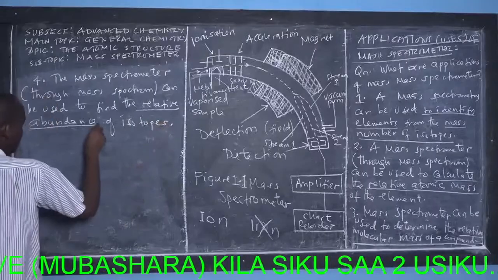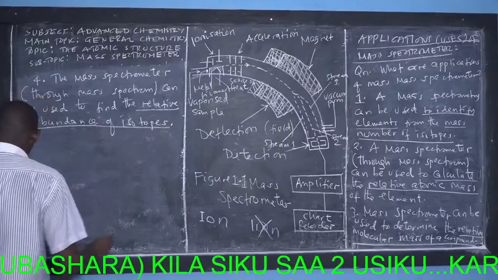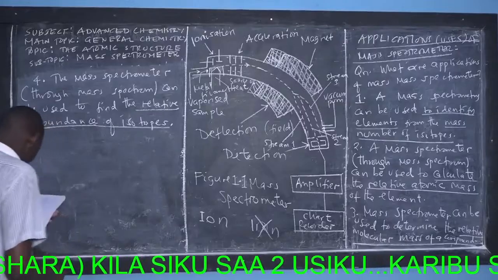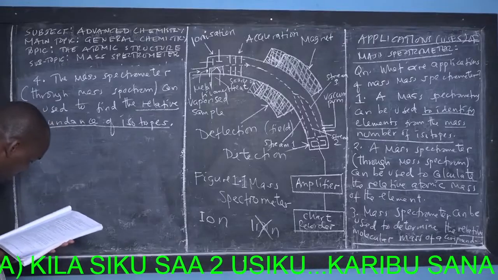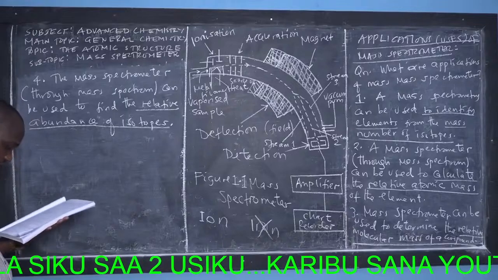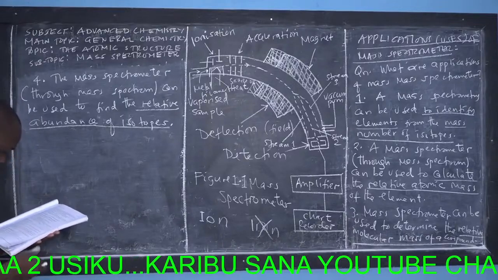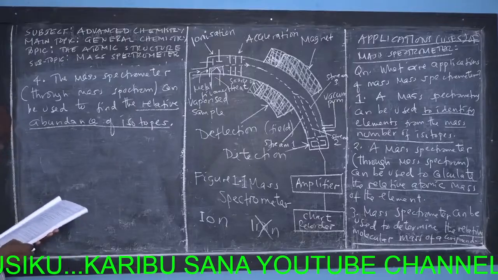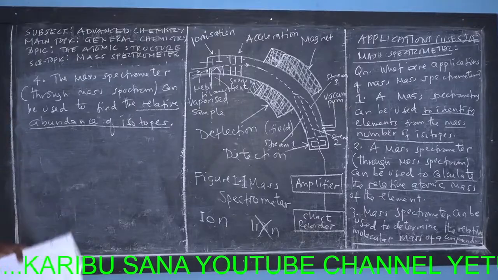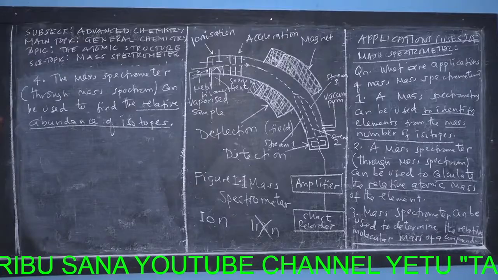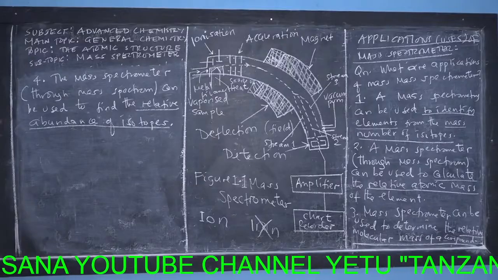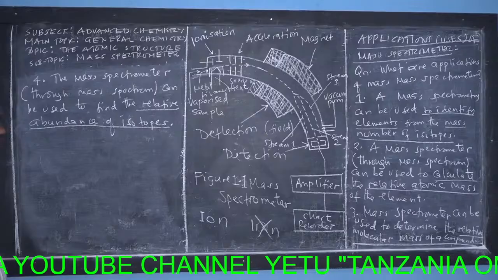The specialized use of a mass spectrometer to determine the relative abundance of isotopes in a given sample is known as isotope ratio mass spectrometry. So the mass spectrometer through the mass spectrum can be used to find the relative abundance of the isotopes.